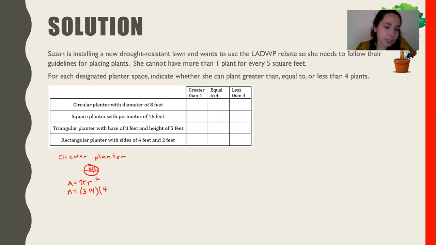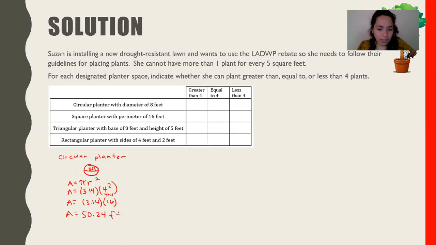Good, 4, because we cut that in half, 4 squared. So that gives me area is equal to 3.14, and then we know that this is 4 times 4. What's 4 times 4? 16.